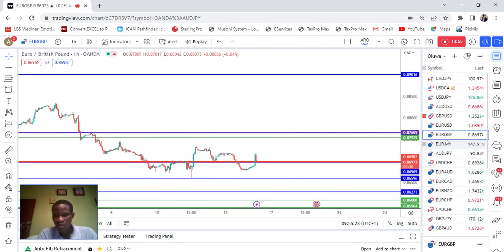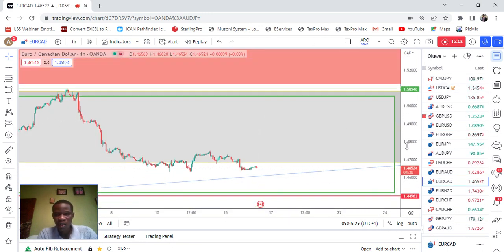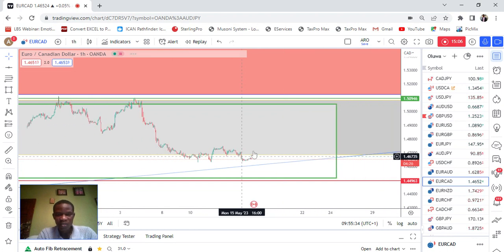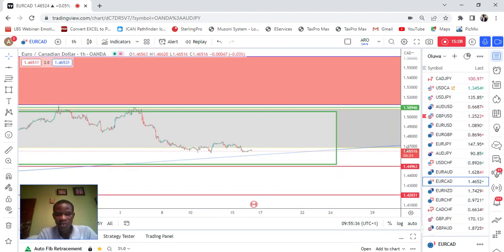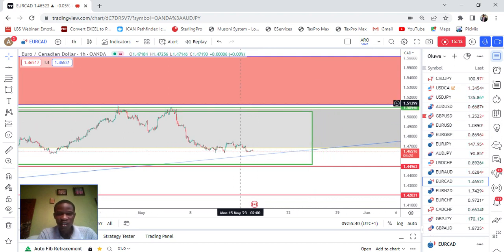In this euro currency pair, we draw our area of value, where it is possible for this market to change direction. So this area is our area of value for an uptrend.